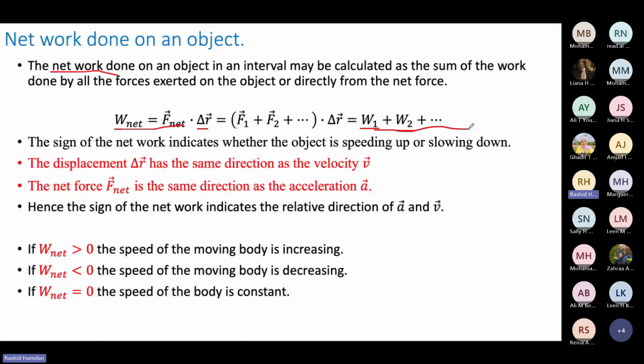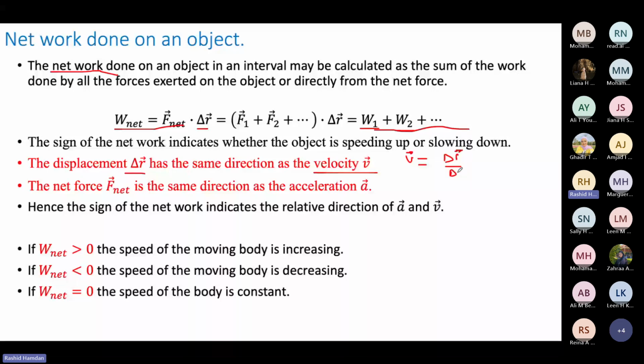Now displacement is always in the same direction as the velocity. That's the definition actually of the velocity. Velocity, at least the average quantity, is equal to delta r, the displacement, over the time interval. And the time interval, of course, we know time always goes forward.